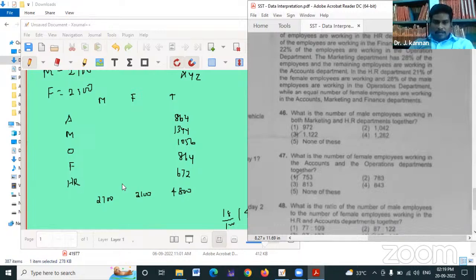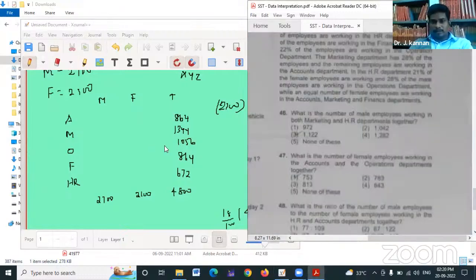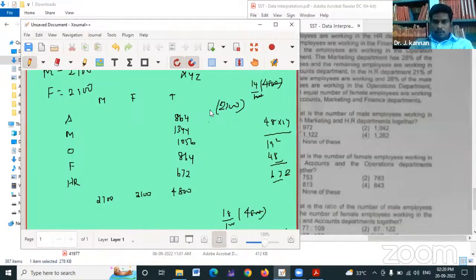There are 2,100 female employees in total, and 21% of 2,100 means 441. So female employees are 441, out of the HR total of 672, so the remaining male employees are 231.